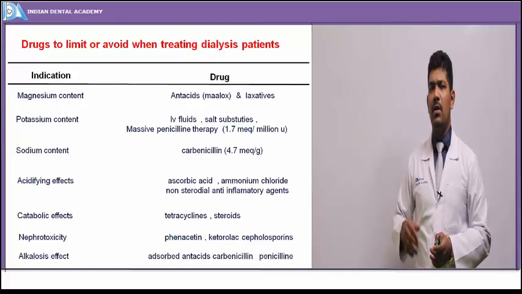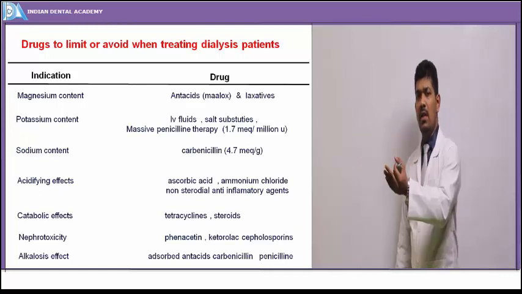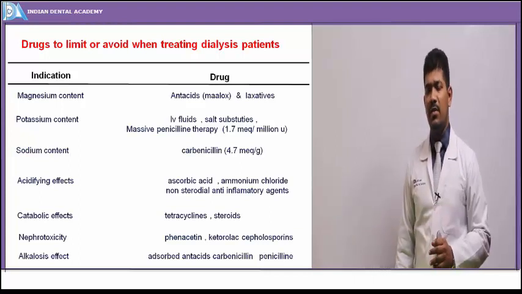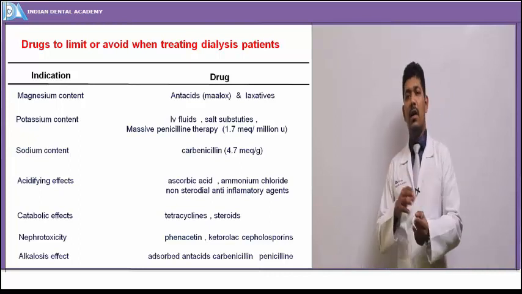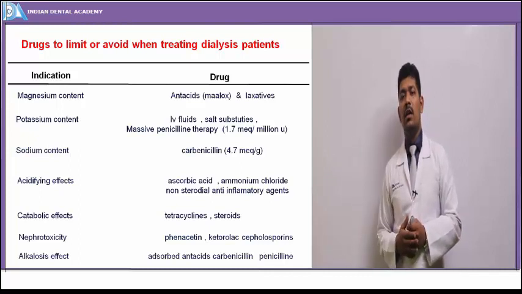If you look at GIT disorders, wherein you give antacids as the first line of treatment, they have to be avoided in CRF patients because of the increase in magnesium content. Magnesium above a certain level can prove toxic to the patient instead of providing any use.